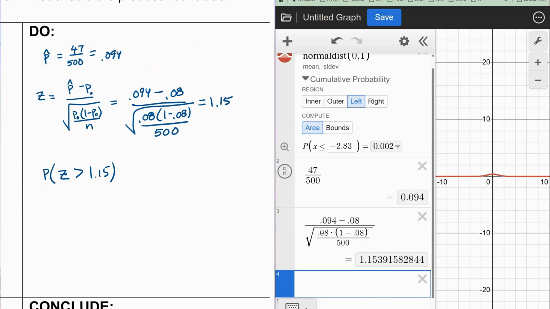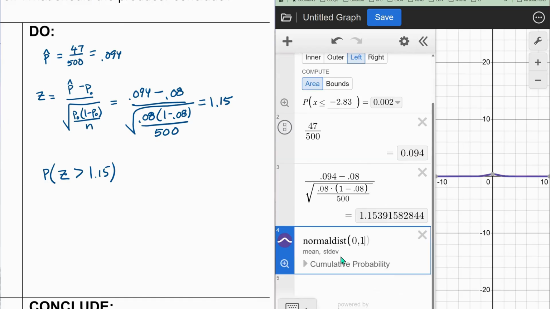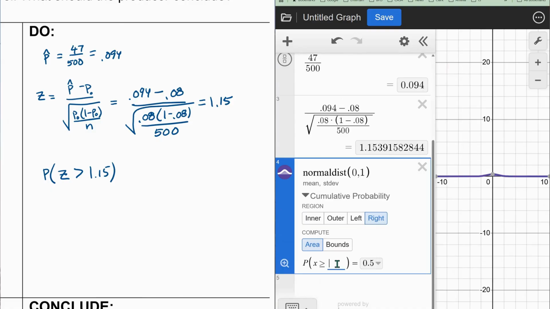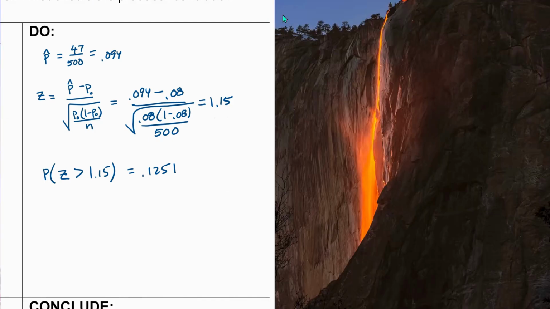Of course, when we do that, using the normal distribution, normal with 0, 1, and we do want the cumulative probability, but this time we want the right tail, and we want it having to do with the z value 1.15, and we get 0.125. I want one more decimal place, 0.1251. And now we are done with the calculation step.